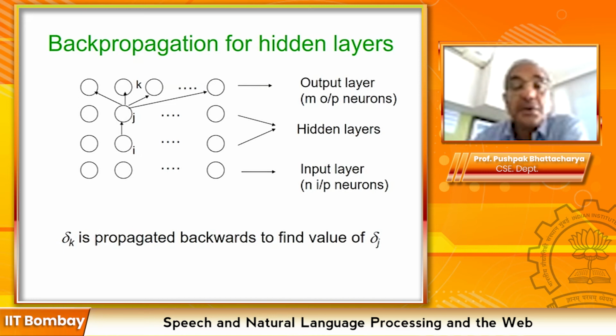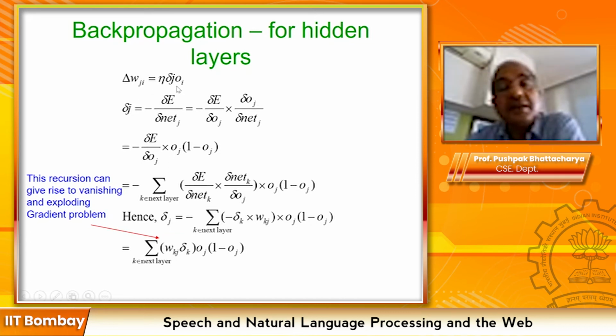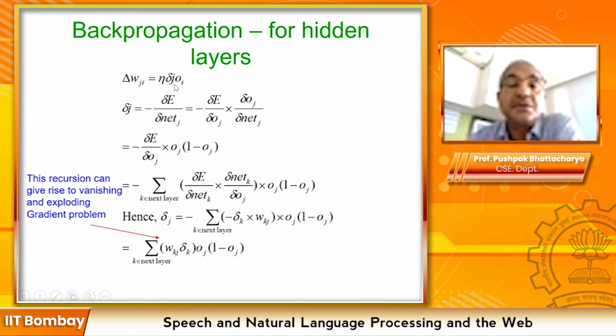Let me just show you the mathematics, but we will elaborate it in the next class. The change in weight again remains to be the general expression eta into delta j oi. Delta j is defined as minus delta E delta net j, the derivative of the error with respect to the net input in the jth neuron. Now the jth is not the outermost layer's neuron.